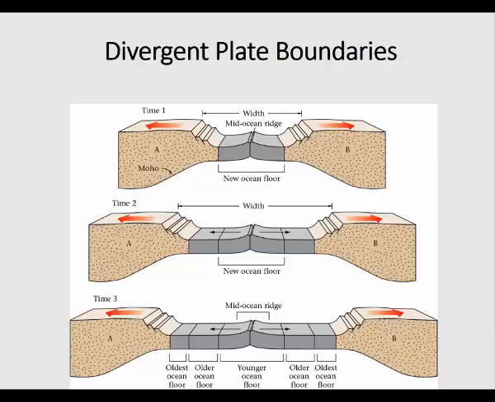So now that we know that, let's think about what kinds of processes occur along different plate boundaries. The first kind of boundary that we want to think about is a divergent plate boundary. Divergent means two things that are moving apart from each other, so we see divergent plate boundaries at locations where two plates are moving apart.